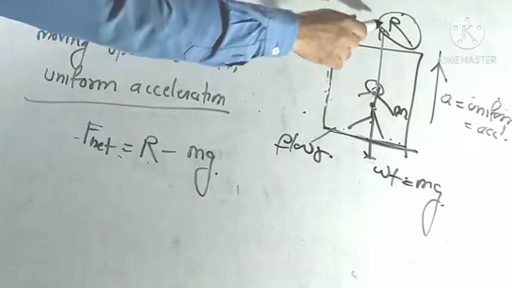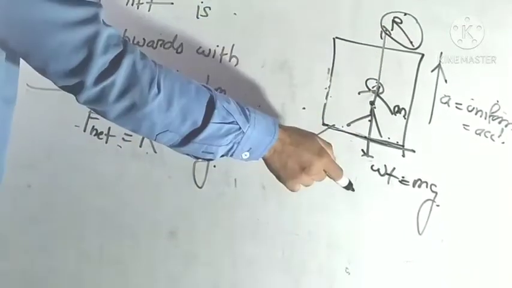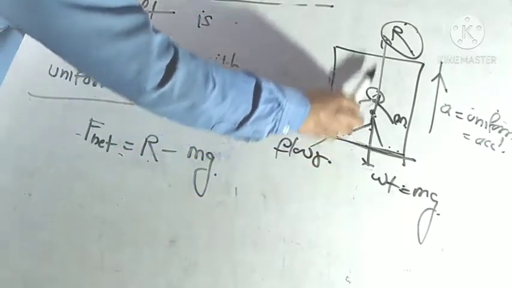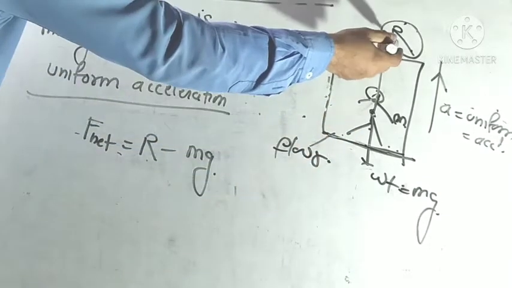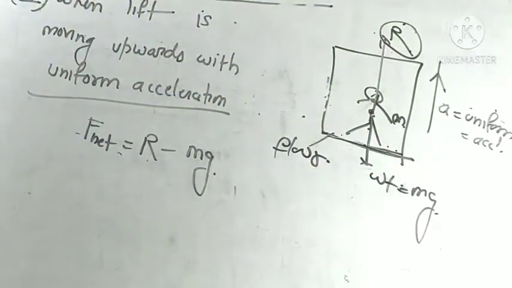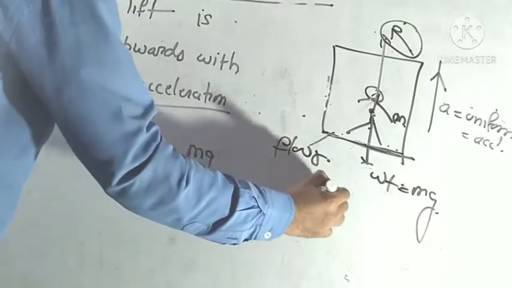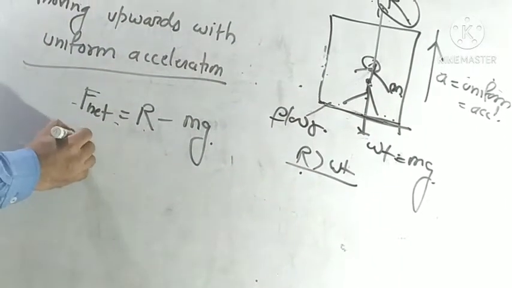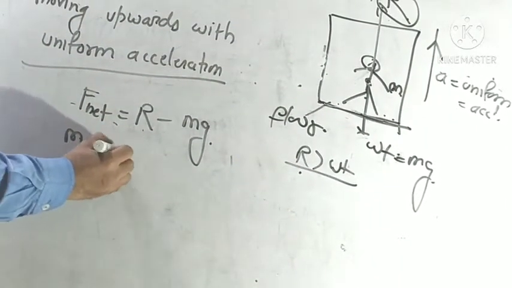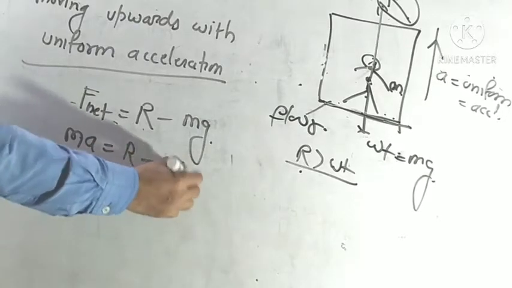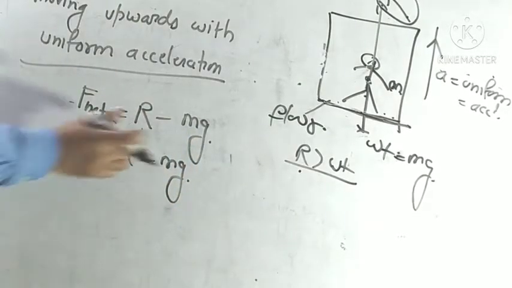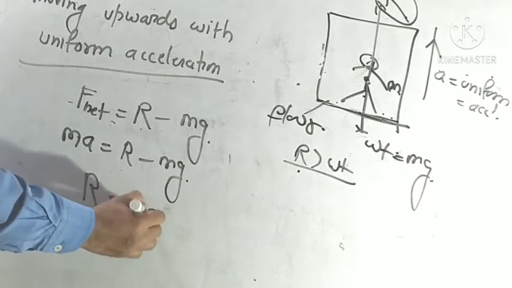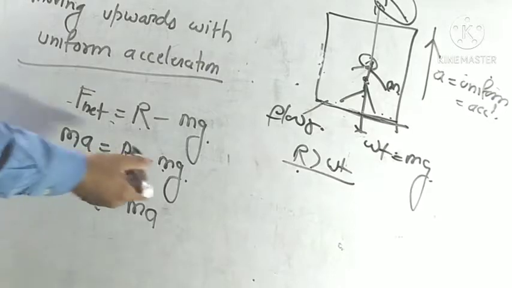Only two forces work on this body: the weight and the normal force. Since the body moves vertically upward, R is greater than the weight of this body. We know force is equal to m into a, so R minus mg equals ma, and we have to find the value of R. This term goes to the left-hand side and the negative sign becomes positive.